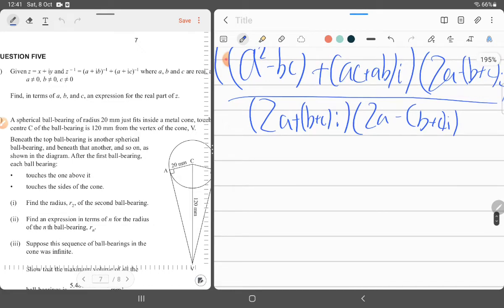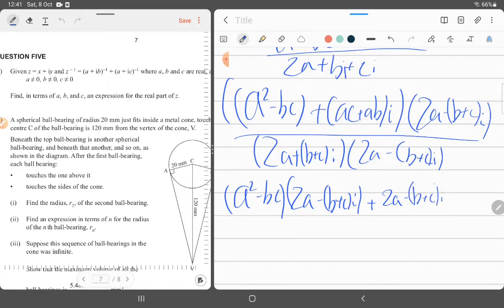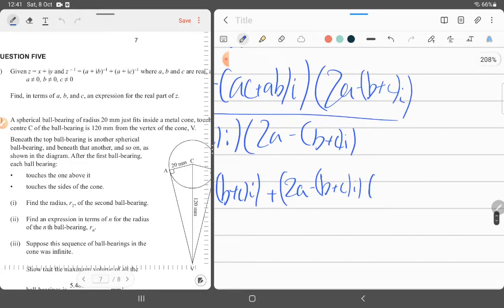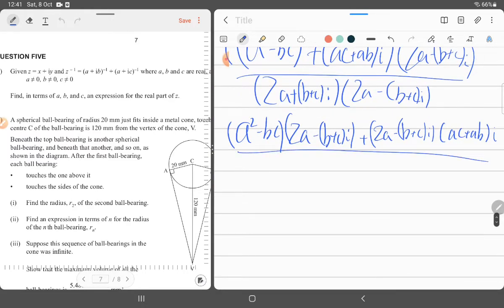Then square take away BC, 2A take away B plus CI, plus 2A plus B plus CI times AC plus BI, all over 4A squared plus B plus C all squared.